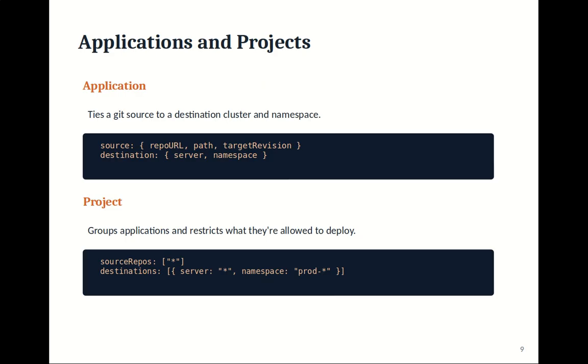Applications and projects. An application ties a Git source to a destination cluster and namespace. A project groups applications and restricts what they are allowed to deploy.